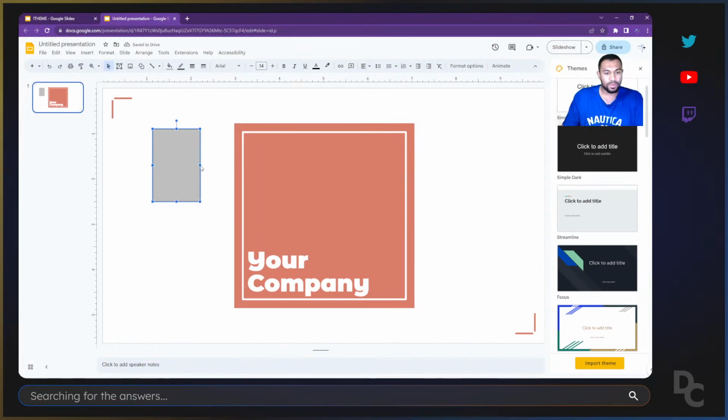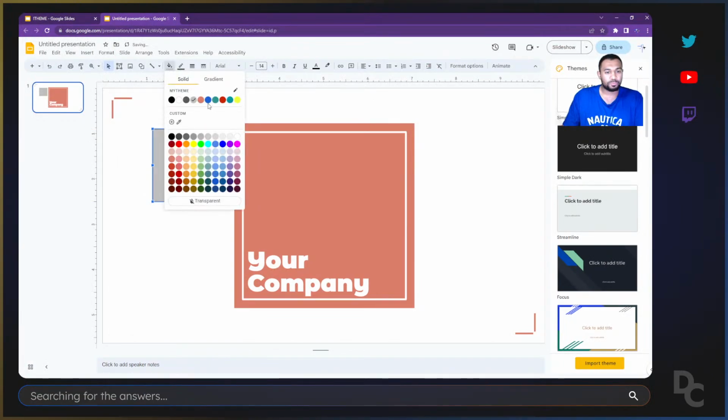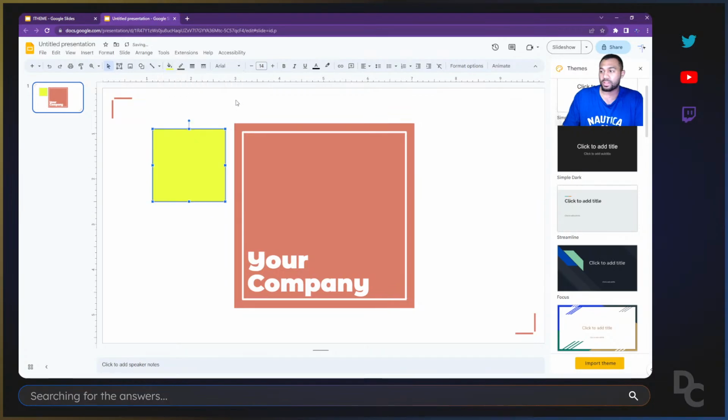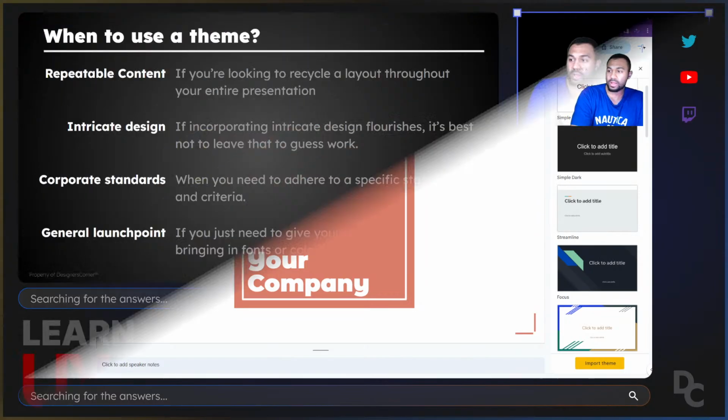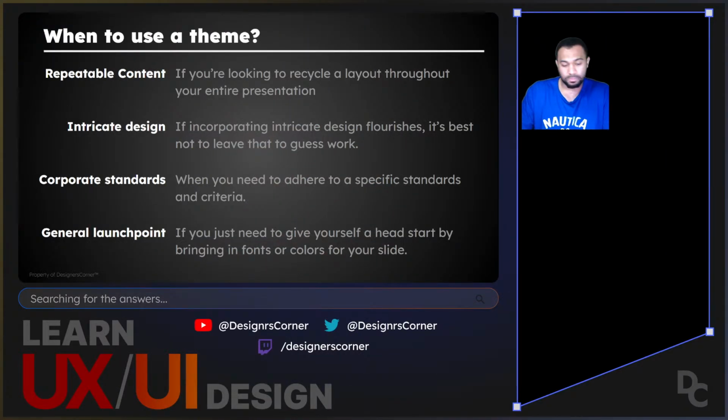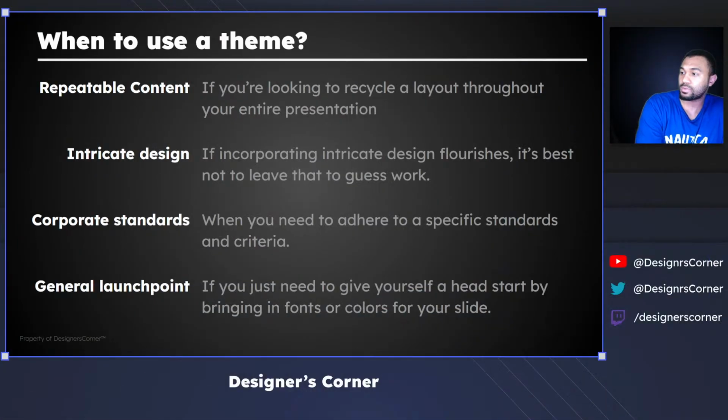Create a new shape, and then just simply pick out from our theme colors that we already set. So that's great. And then on top, okay, there we go.